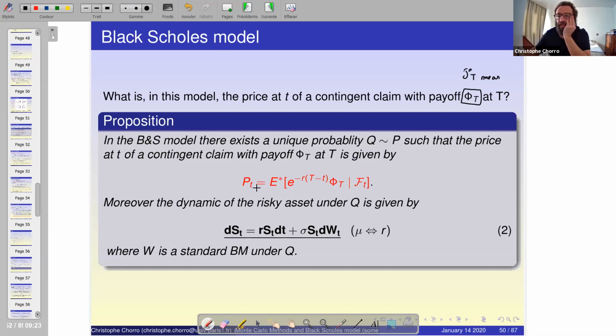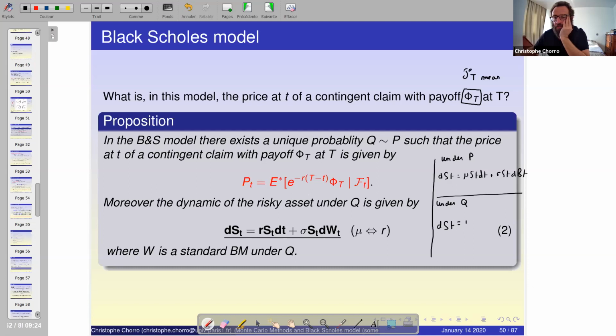And what is very nice in the Black-Scholes model is that I have the dynamic under the historical probability, given by the Black-Scholes stochastic differential equation, where B is a Brownian motion under P. But what is very nice is that under Q I have the same kind of stochastic differential equation driving the risky asset.